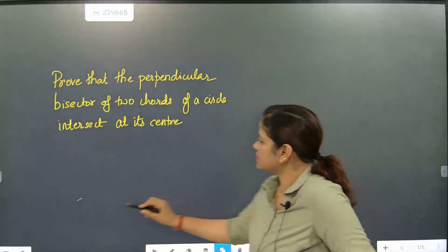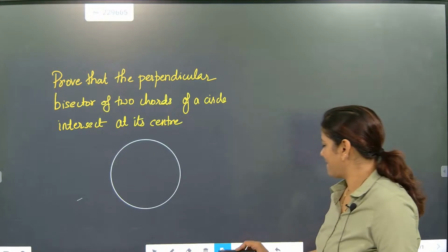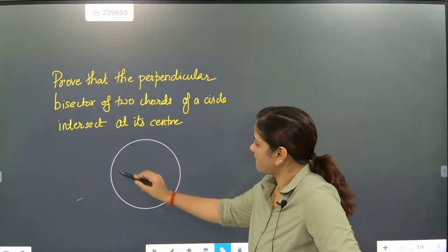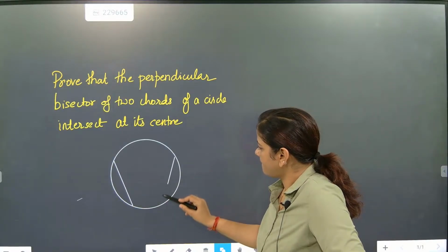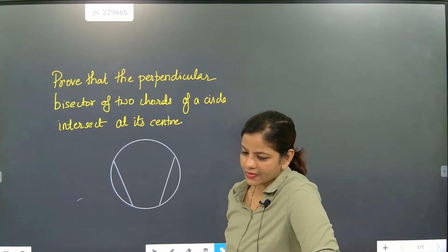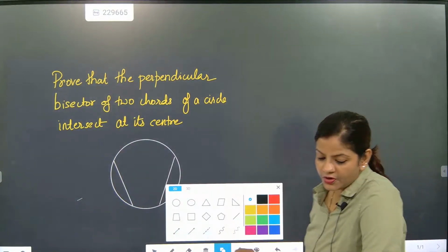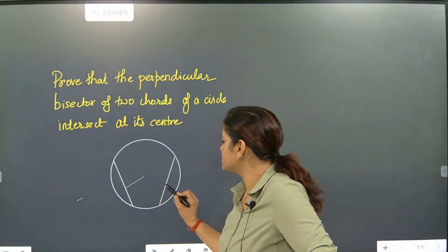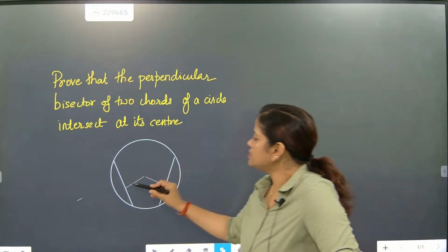Draw this, beta, first. Now what we are going to do, we will be drawing a center, but we don't know this is perpendicular. First we will draw one perpendicular, shortest distance. Then we'll try to draw another perpendicular.